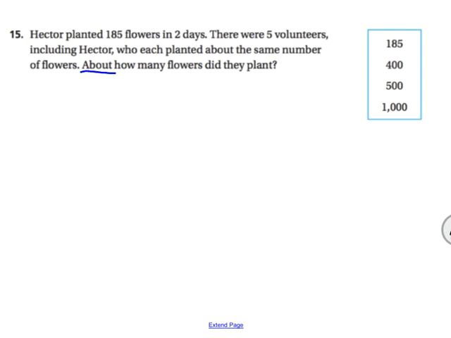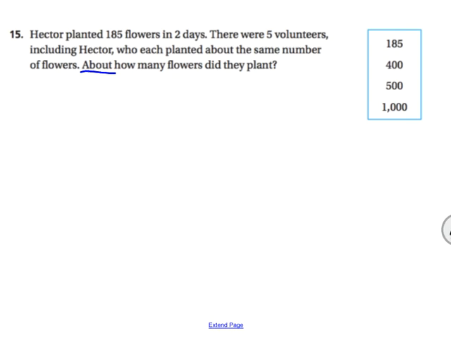So it says Hector planted 185 flowers in 2 days. There were 5 volunteers, including Hector. What does that mean? Well, there were 5 people, but Hector was one of the 5. So if Hector could do 185 flowers, they're saying that all the other volunteers can also do 185 flowers.